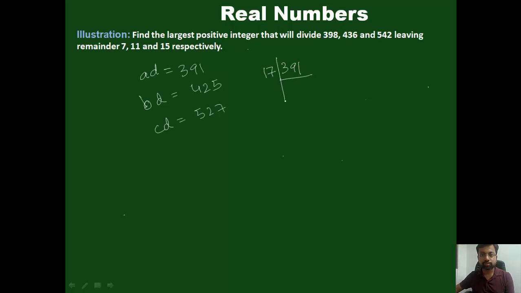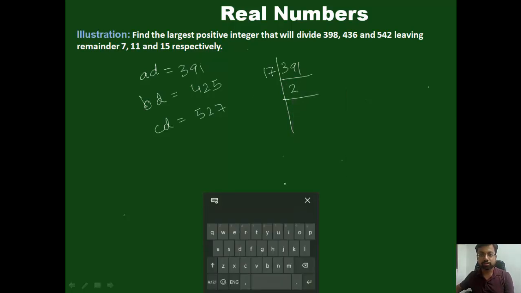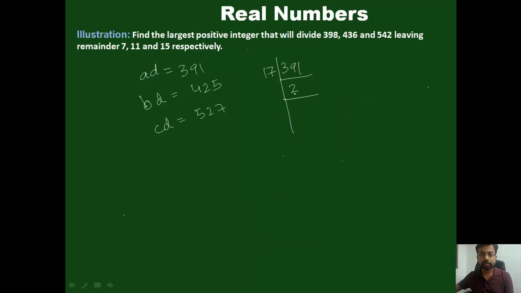I know 17, since I know the answer, so I know that 17 would be a factor. You could start with a smaller number. So you have here 2, you have 3 here, so you have 23. You won't be getting a smaller number. So 391 is 17 into 23.